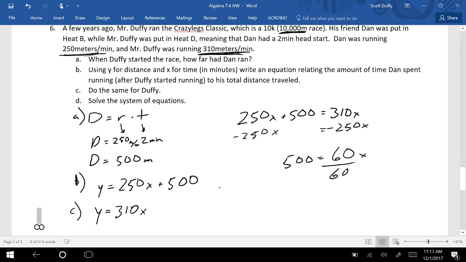Divide by 60. And I get x, a time of 8 minutes, 8 1/3, or 8.33 minutes.